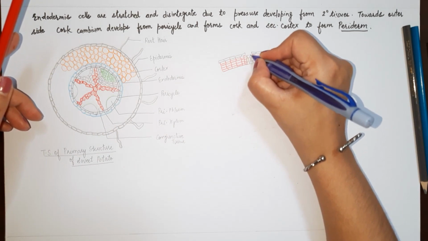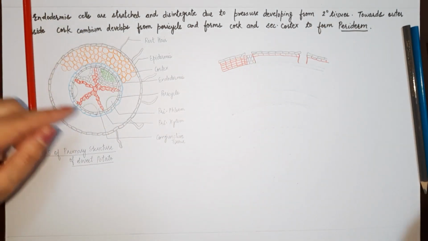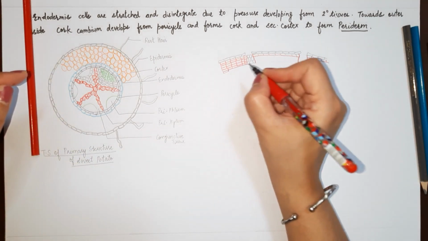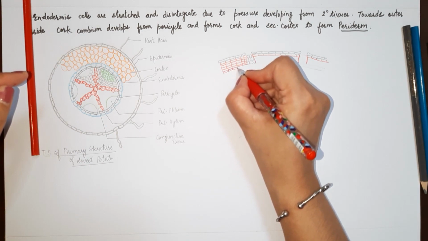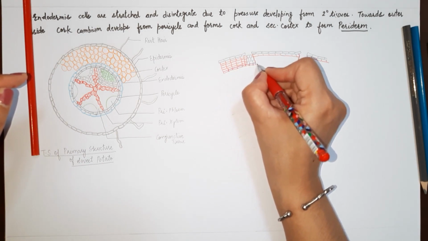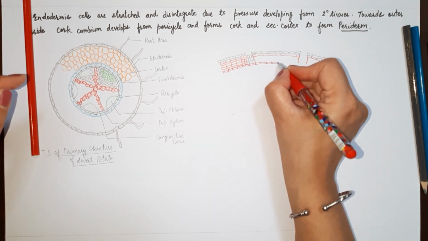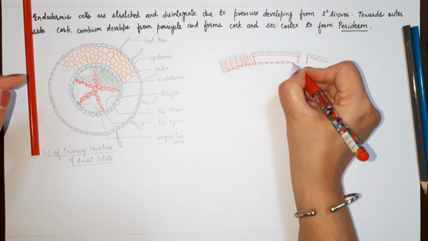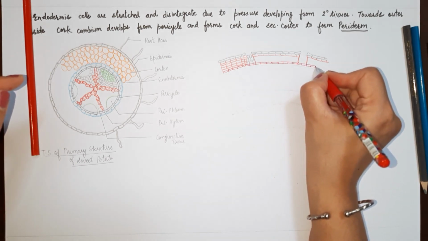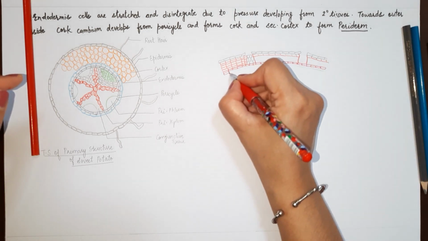So loose parenchymatous cells. Then there is present cork cambium. So cork cambium exactly aligned below lenticel also 2 layers of rectangular cells which forms cork cambium.